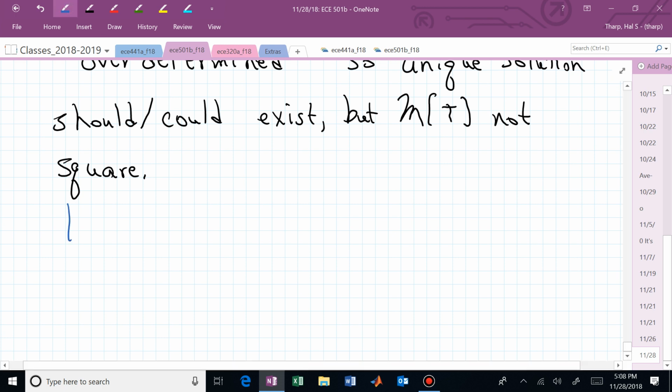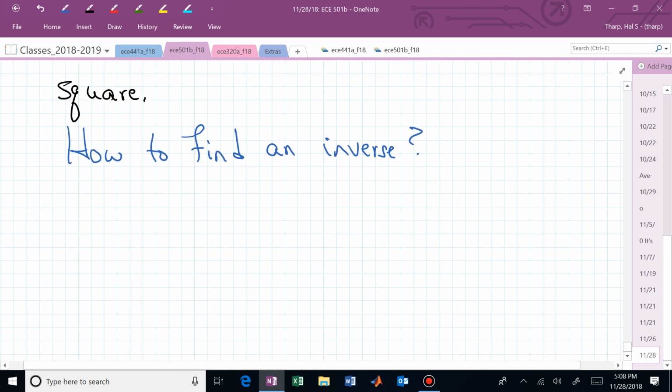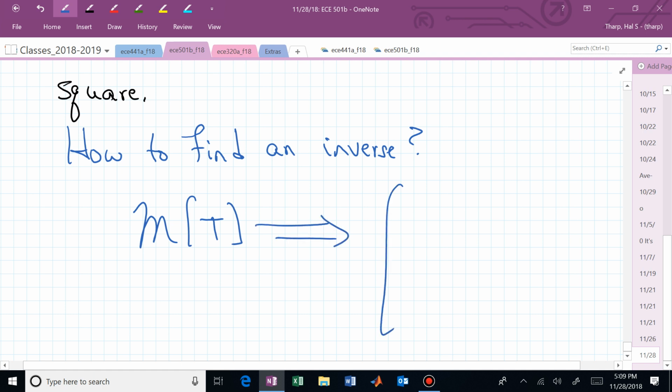In this case, how do we find an inverse when the matrix representation of capital T is tall and narrow?